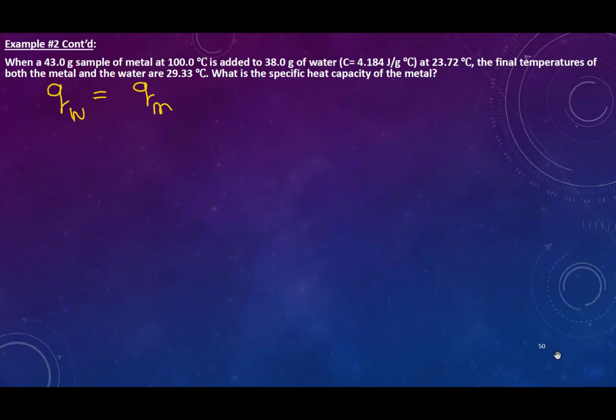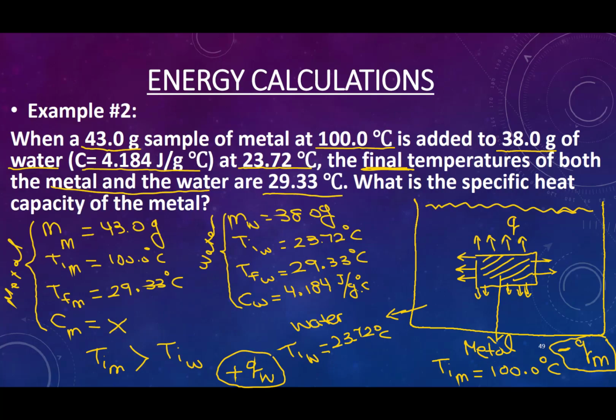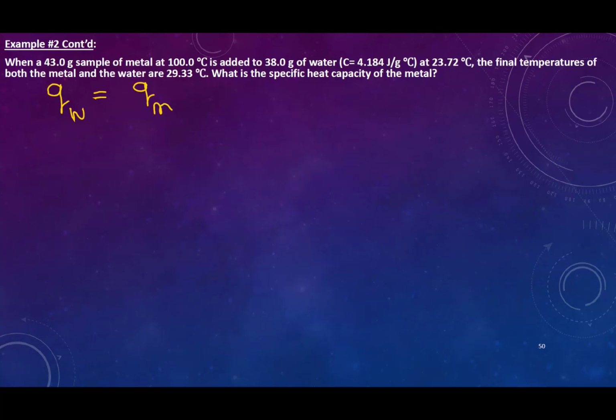But you have to keep in mind, the Q for water is positive. The Q for metal is negative, and you have to plug it in. Why is it positive for water? It's getting the heat from metal. Why for metal is it negative? Because it's losing the heat. Okay, all right. Then for water it is positive, for metal it is negative.